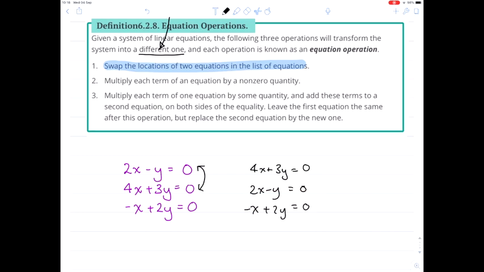Well, that shouldn't change our solution set. It would be the same as plotting the graphs in a slightly different order. So it makes sense that we get an equivalent system if we swap two rows.